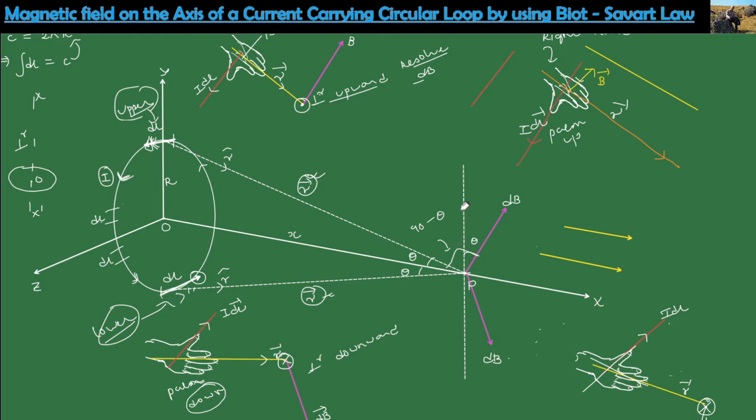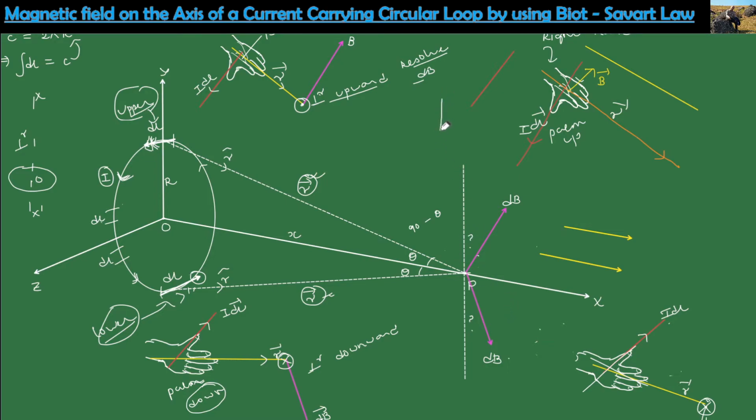If I rephrase my teaching point: if this is theta, then what will be the remaining angle? That remaining angle will be 90° minus theta. So I'm interested in finding this angle. What will be this angle, the question mark?